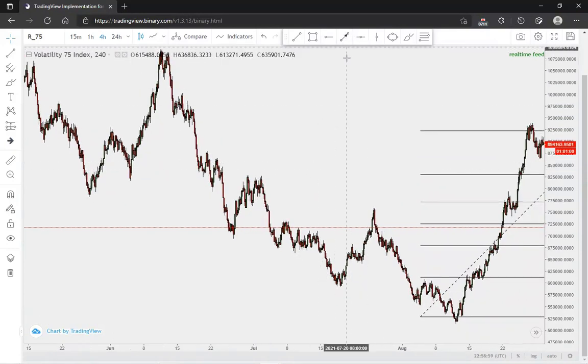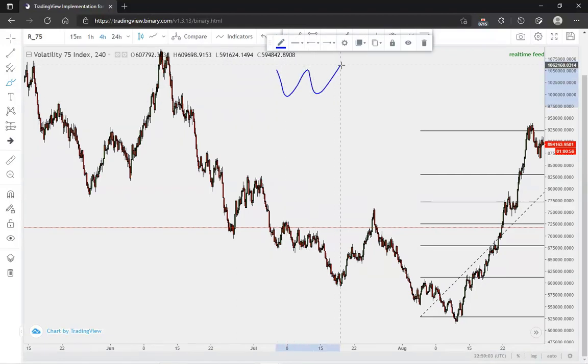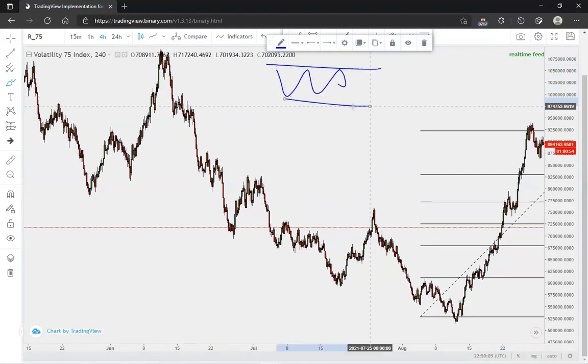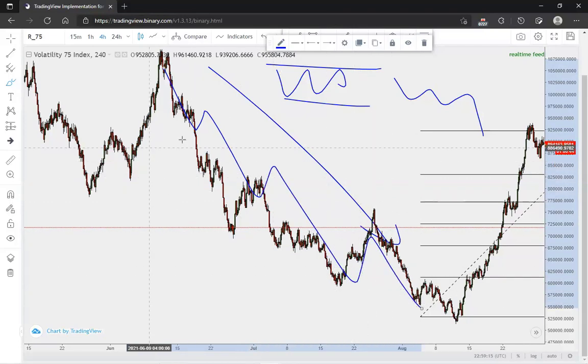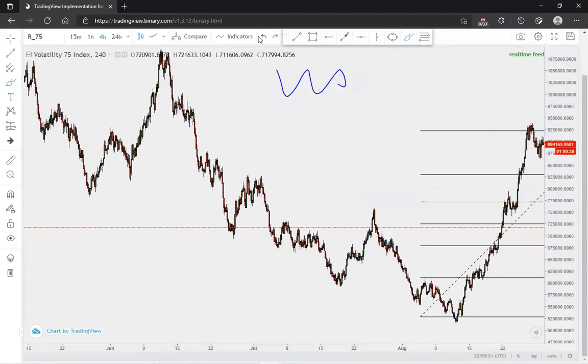So the first thing, I'm not looking for a ranging market. I just identify a trending market. As you can see, from here to this side, it's a trending market because I have something like this. So this will enable me to enter into the market. I'm just using this chart as an example.